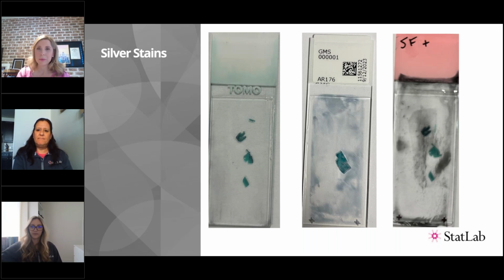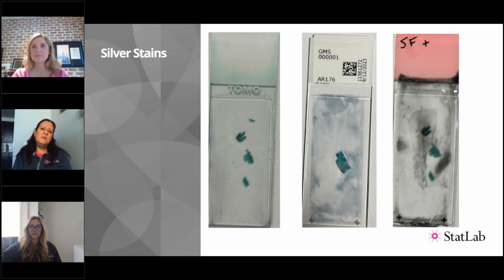And Rachel, special stains are one of your favorites to work with. How do you get rid of that excess silver on that slide? So sometimes this can be a little more difficult. I used to use one of the Ventana special stainers, and sometimes it just seemed to vary depending on the kit or maybe even the type of slides that were used.